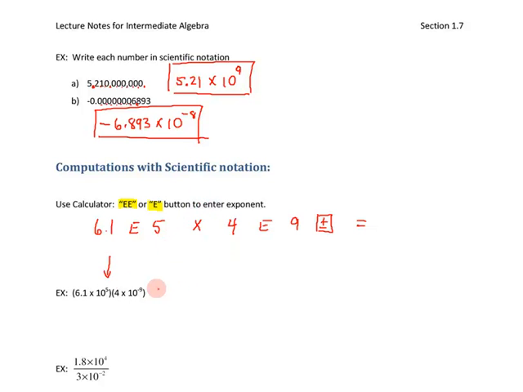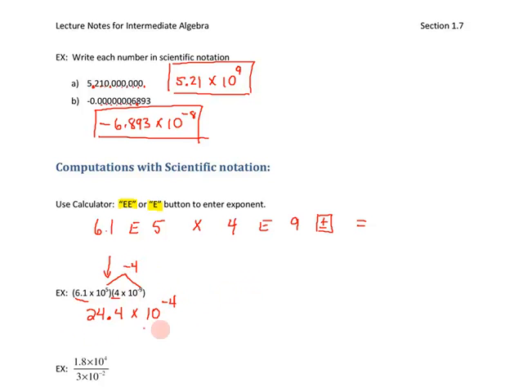Now, the other thing that you could do is if you wanted to do this by hand, you could use our rules for exponents from the last section. What you can do is multiply the 4 times the 6.1, giving yourself 24.4, and then you could multiply the 10 to the 5th times 10 to the negative 9th. Right? You add those exponents together to get negative 4.